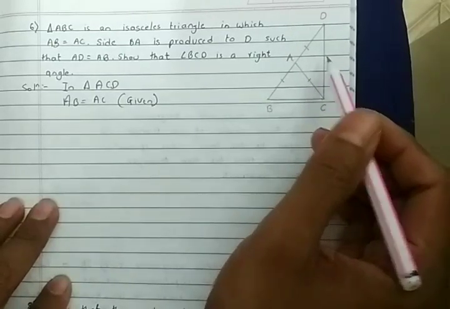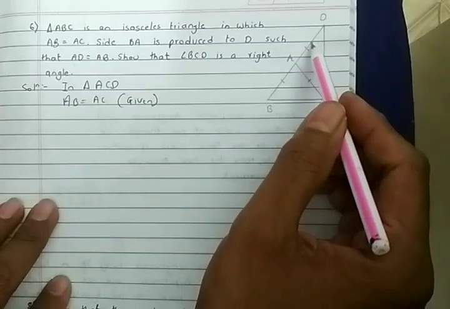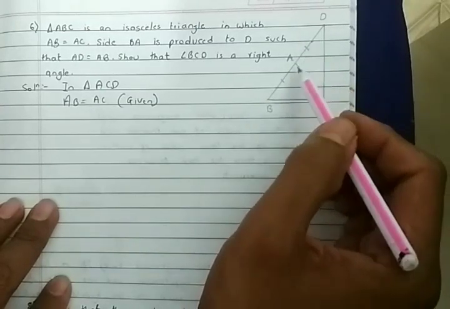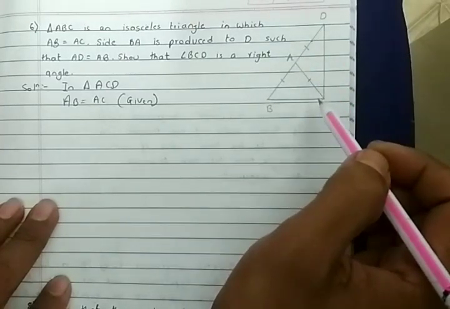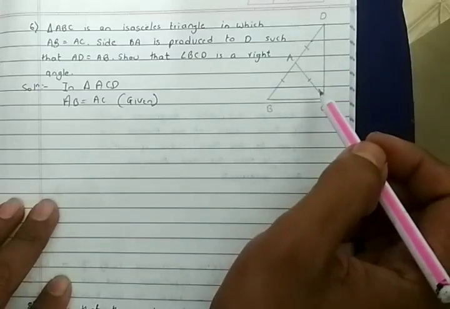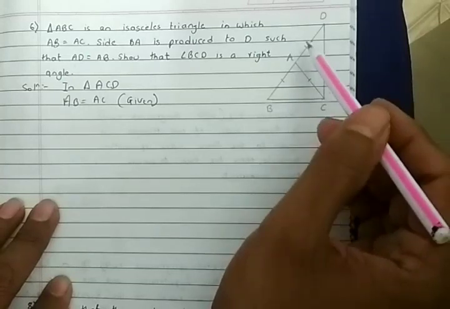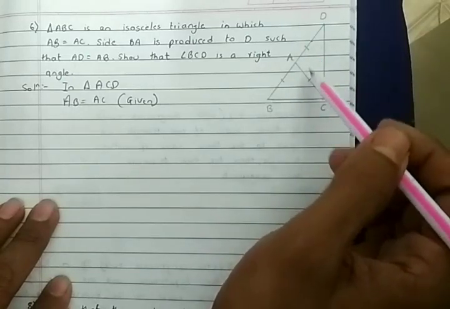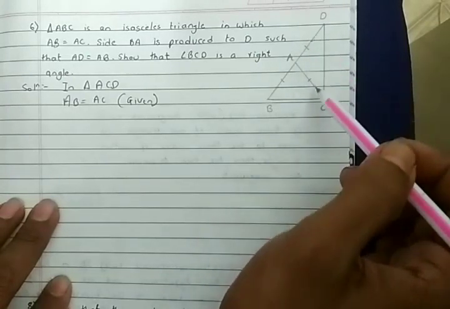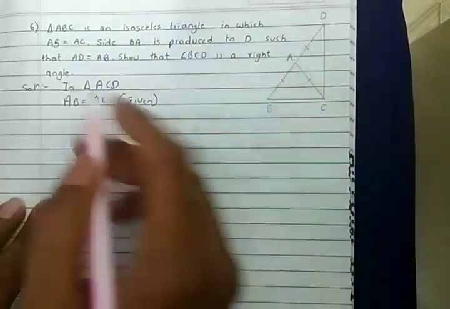equal to angle D, right? Or ADC you can say, right? ACD and ADC are equal. How come they are equal? Because when this side is equal to this side, it is an isosceles triangle and opposite angles are equal.